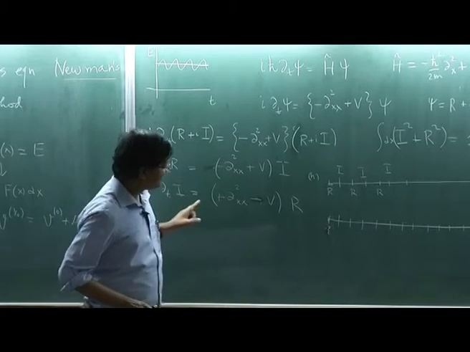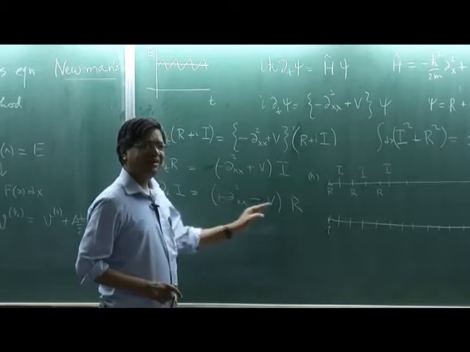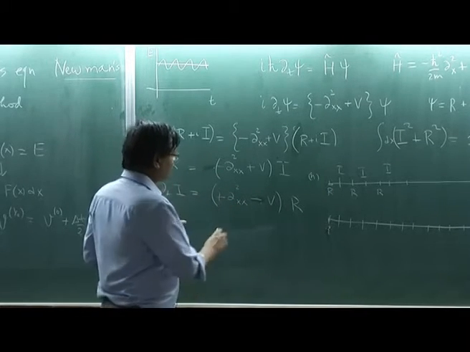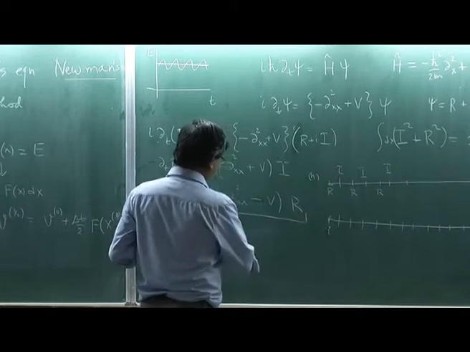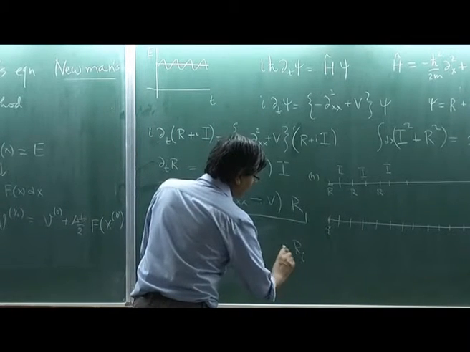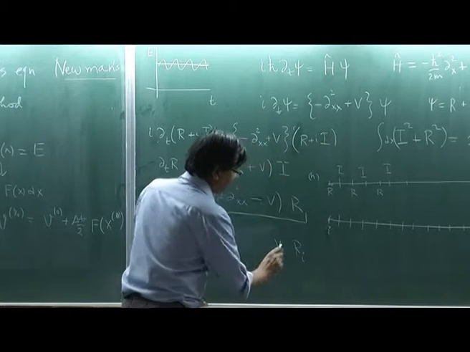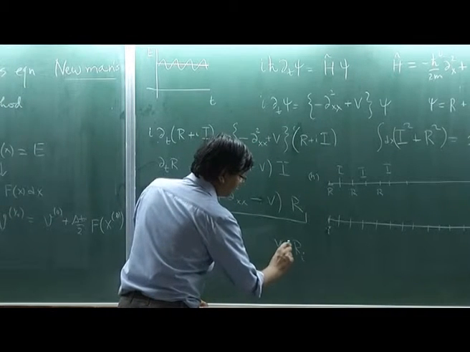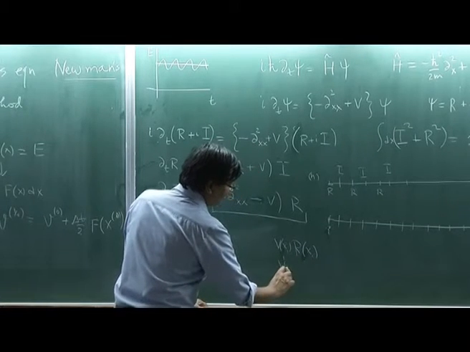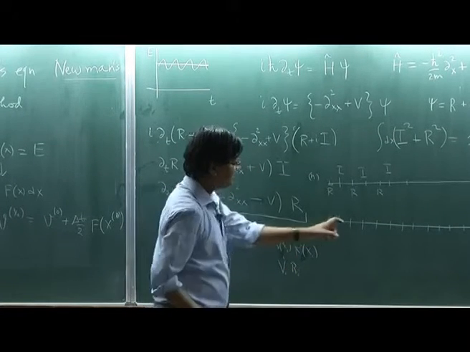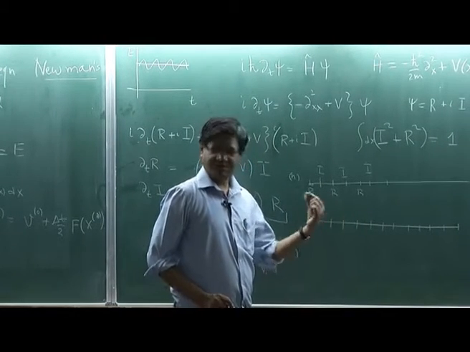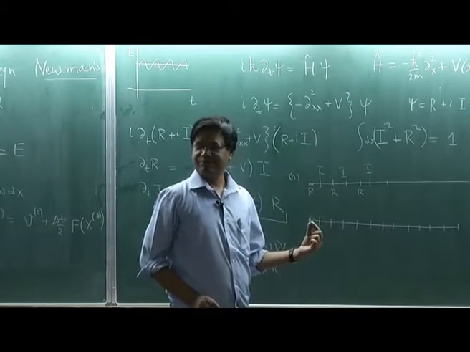Now I discretize this equation in position. So this becomes V at x_i times R at x_i. This is the same as V_i R_i, right? So at some i I have potential and the wave function real part.